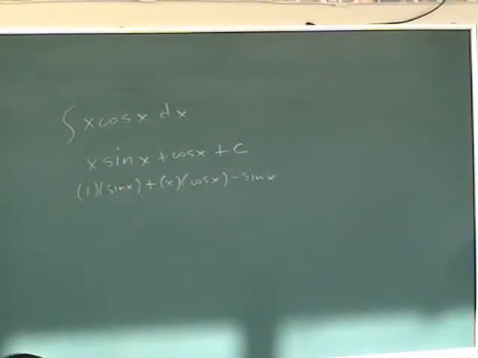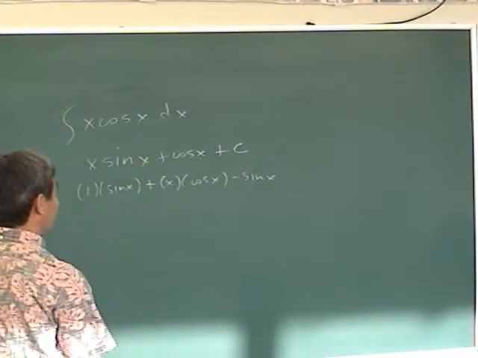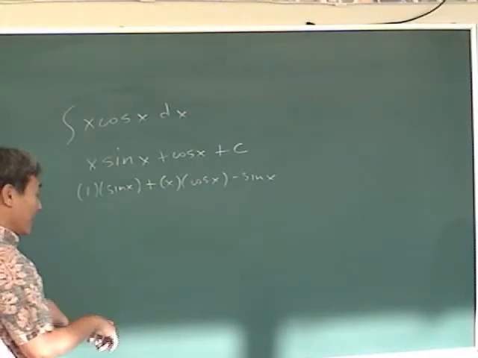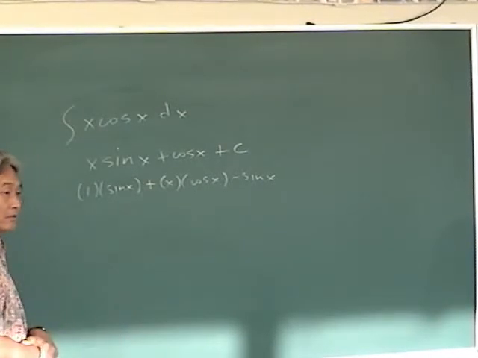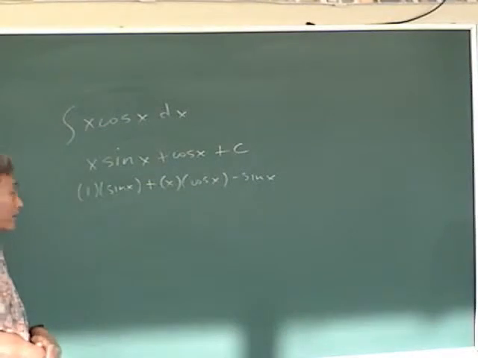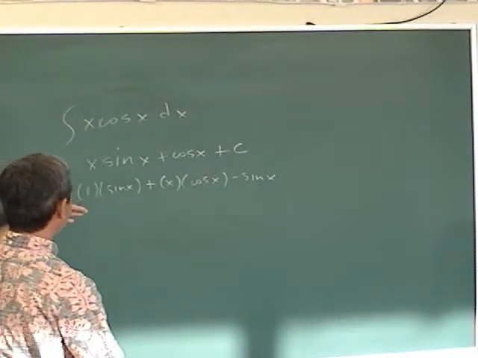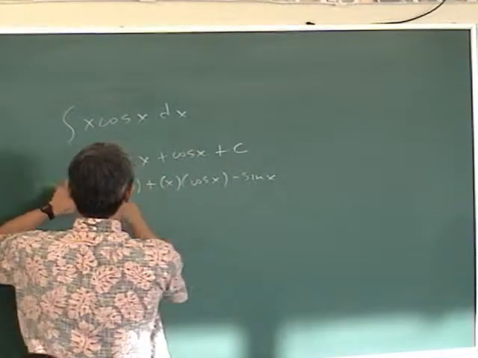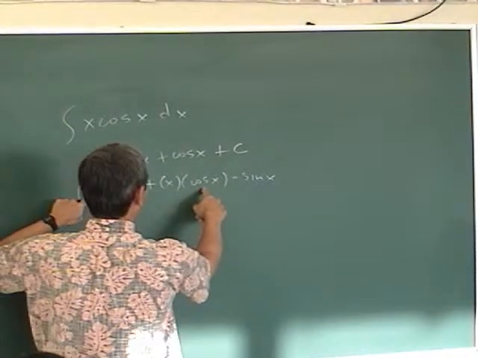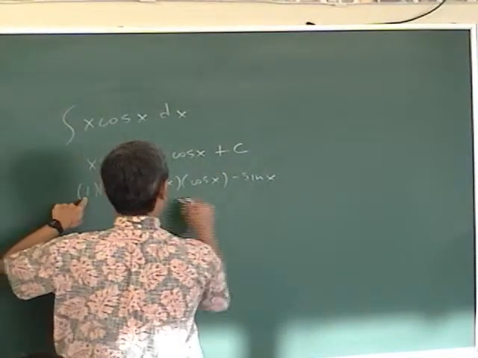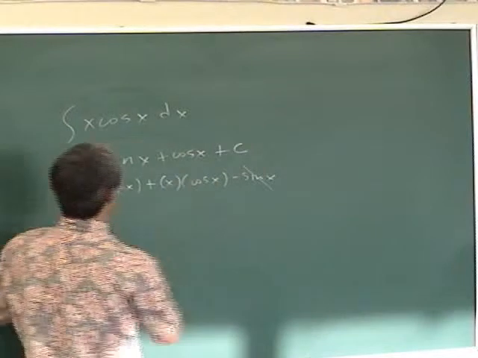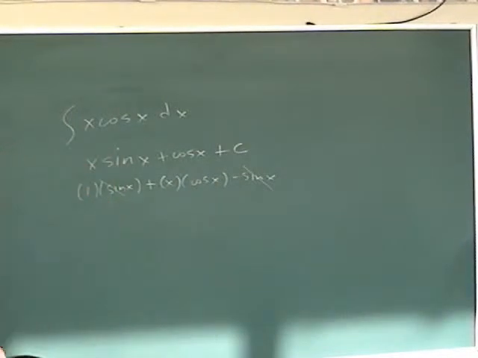Yes, exactly. You got to undo the product rule, just like when you do a u substitution, it undoes the chain rule. You guys understand this? If I take the derivative of this, you use the product rule here, the derivative of that is that, this cancels that, and this is the same thing as that. So that means this is the antiderivative.